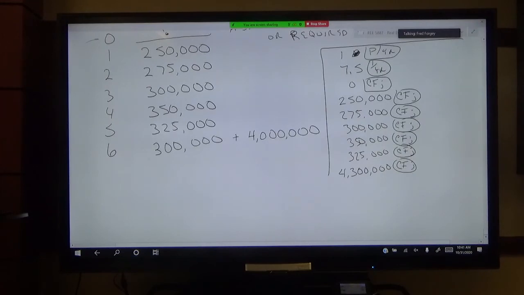And then since we've already put in the interest rate up there, now it is simply a matter of solving for net present value, and we should get our answer. So let's just see. And you can continue on the calculator for the addition, right? The 4 million plus 300.